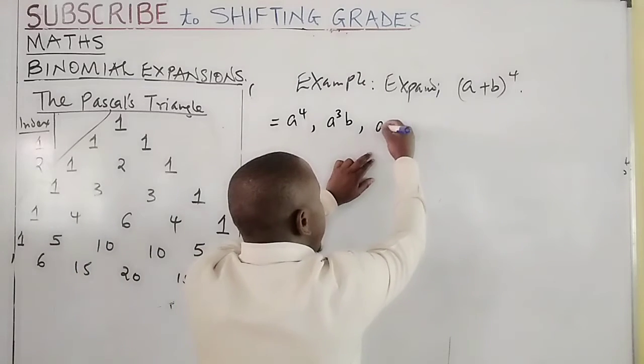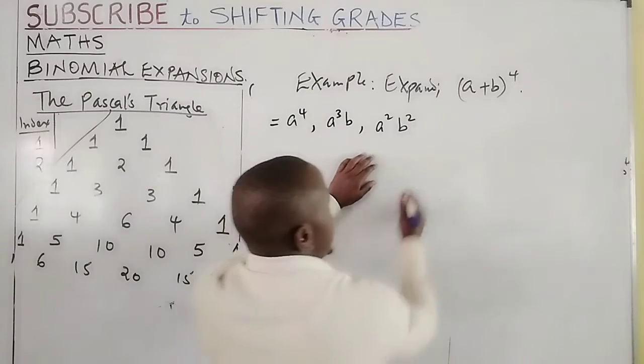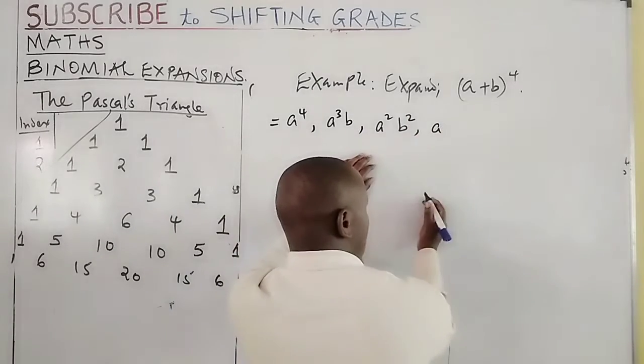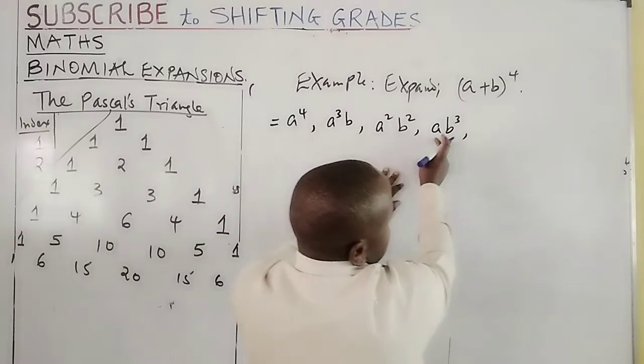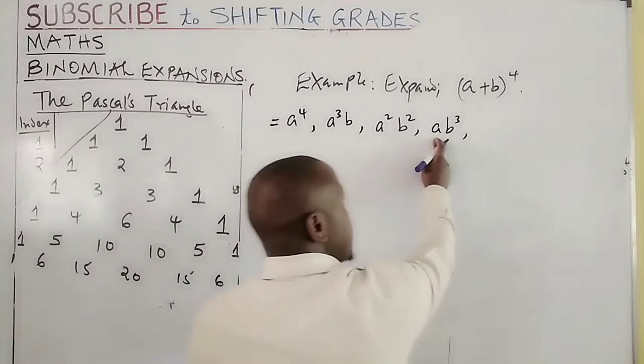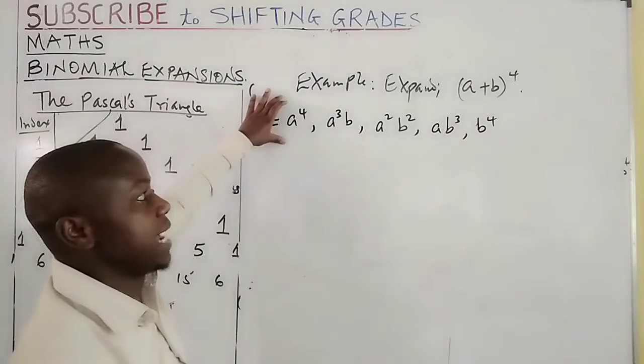Then a descends to 2 and b increases to 2. Then the other one, a descends to 1, but b increases to 3. Then lastly, a descends to power 0, which becomes 1, and b increases to power 4. Therefore, those will be the terms.